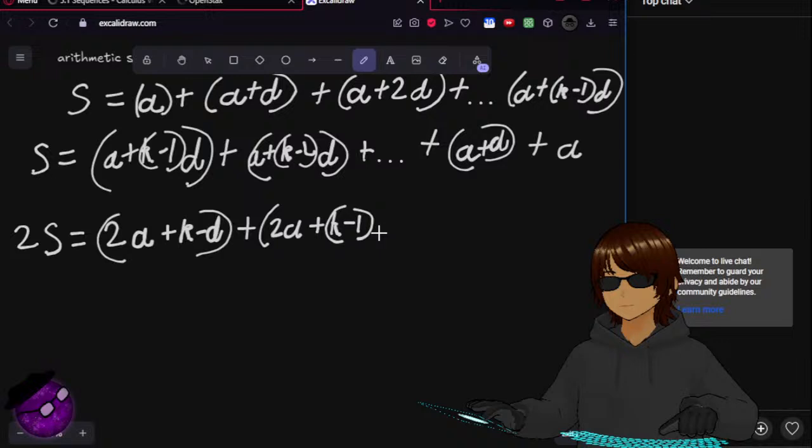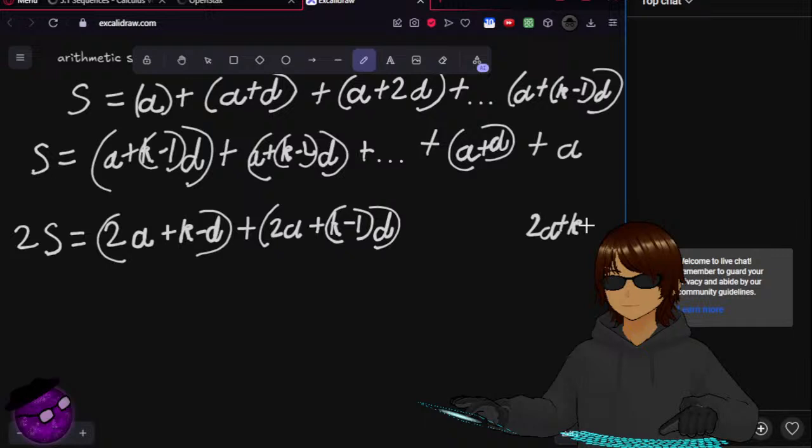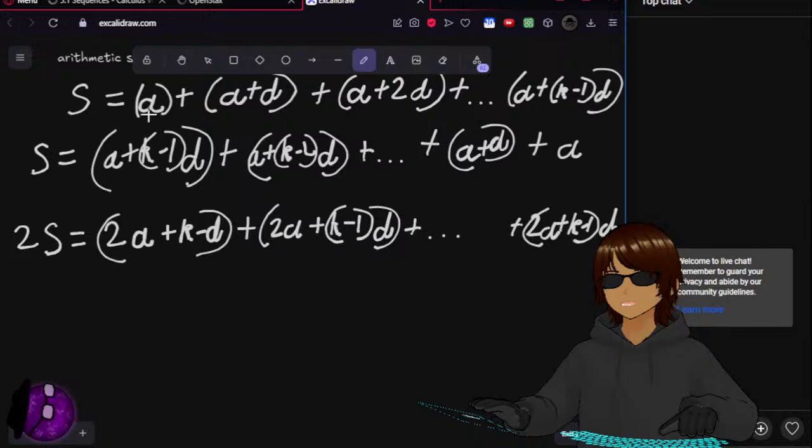Similarly over here, a plus d plus a plus k minus 2d is 2a plus k minus 1 d. So basically every time you add the first and the last one, it will always be 2a plus k minus 1 d.